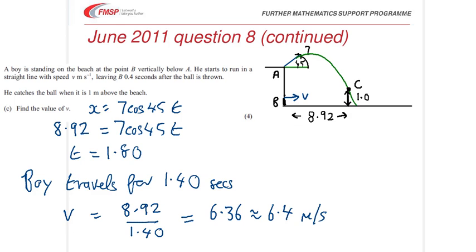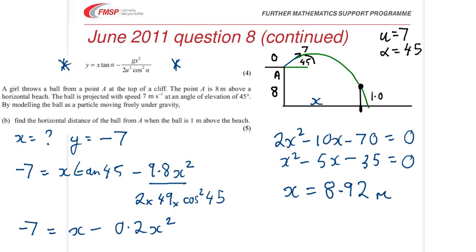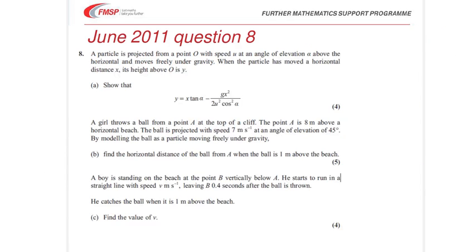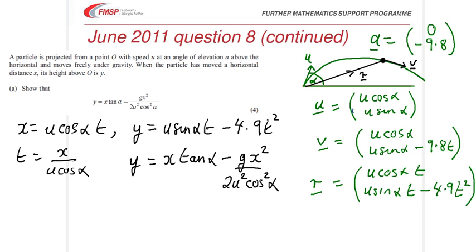And that's that done. So looking at the marks for the different parts of the question, the marks for the first part, the standard bookwork, there were 4 marks for it.